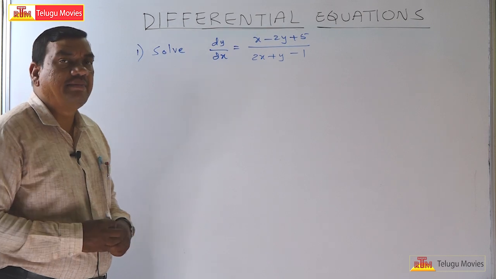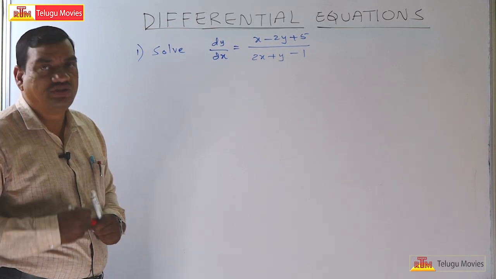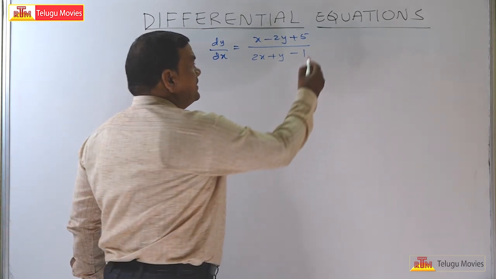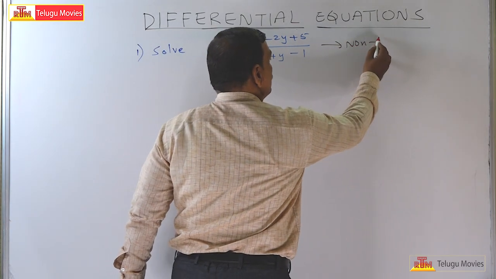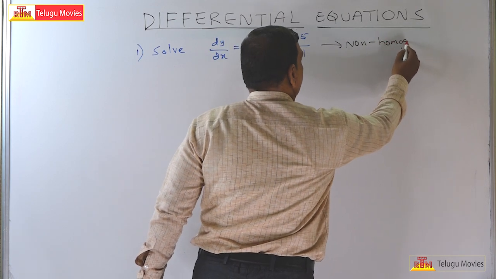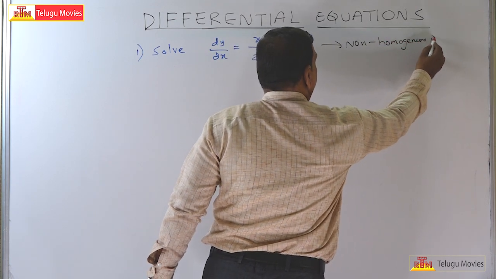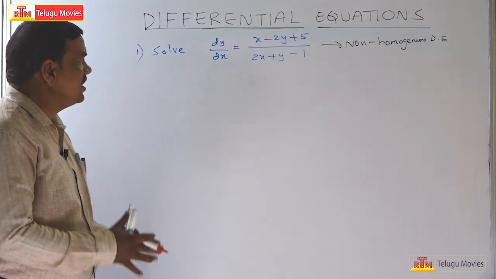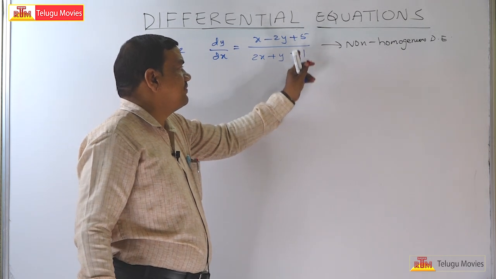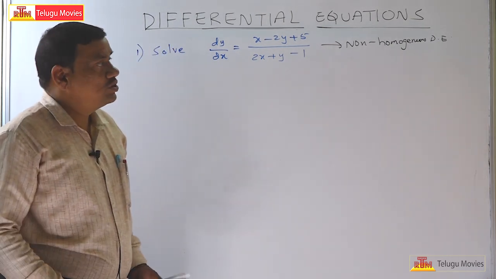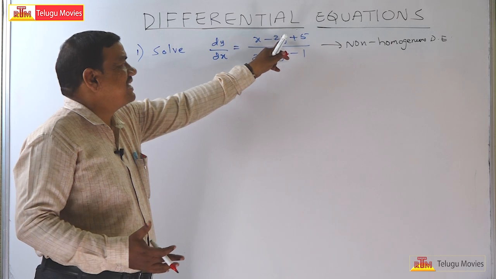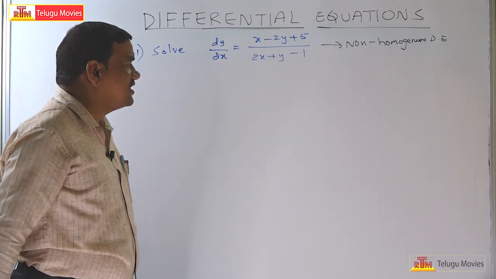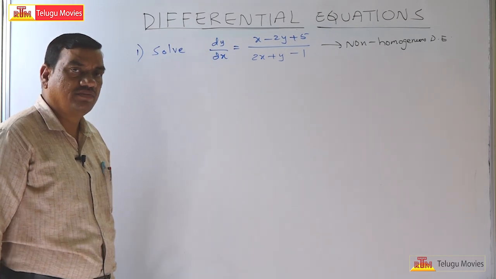By seeing it, the first thing that should come to your mind is that this is a non-homogeneous differential equation. Why? Because here plus 5 and minus 1 constants are there. Even if you substitute lambda x, lambda y, you cannot take lambda common outside. So clearly it is a non-homogeneous differential equation.